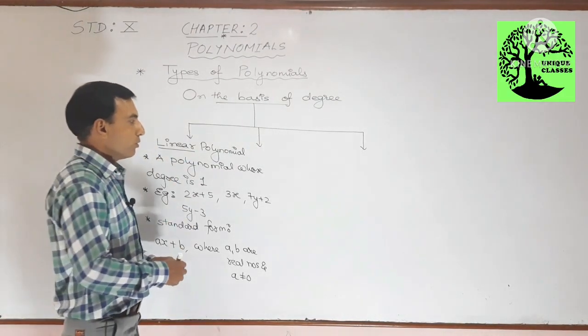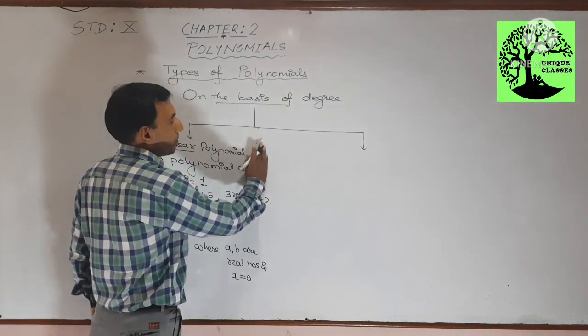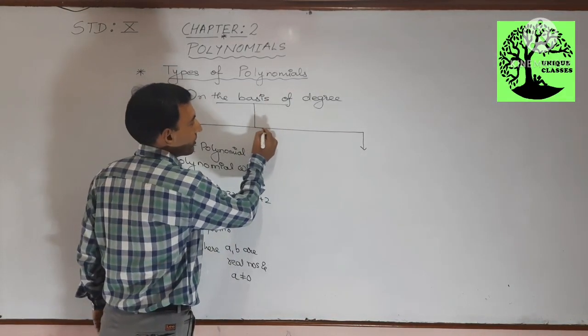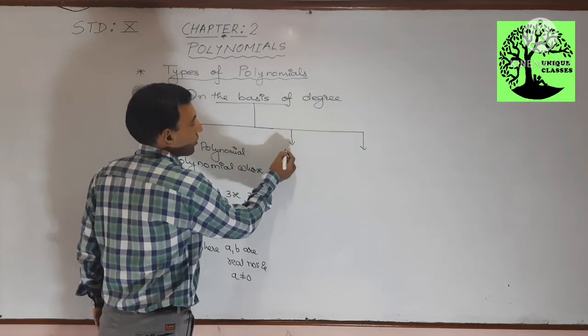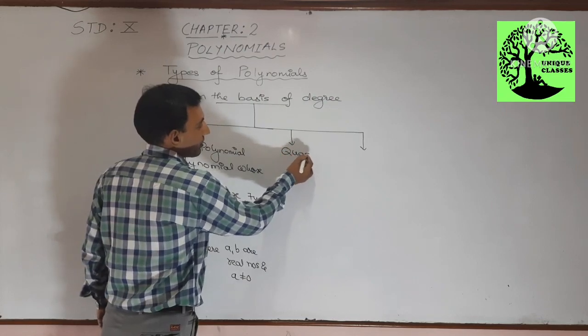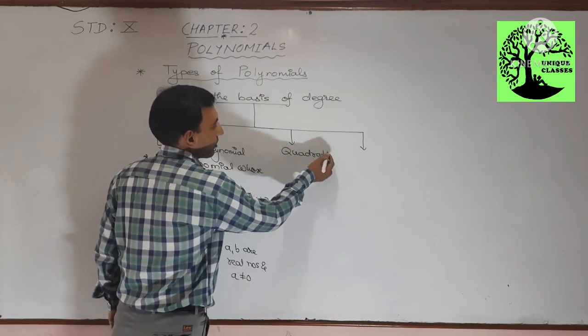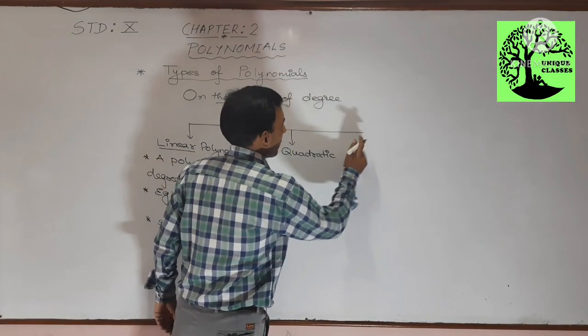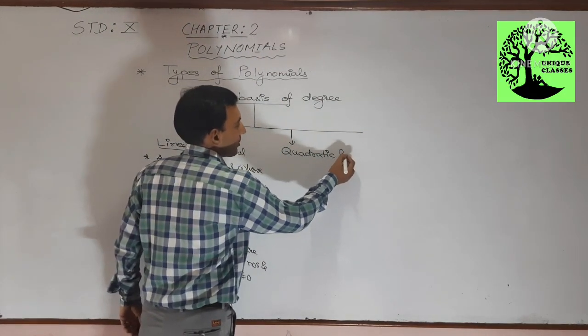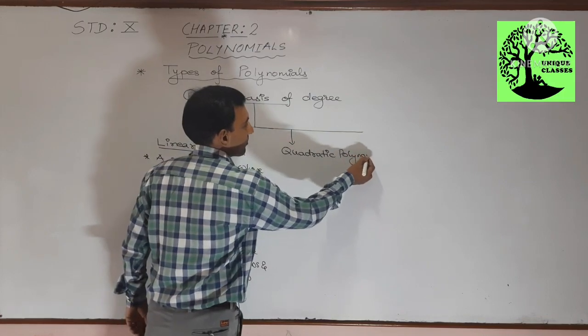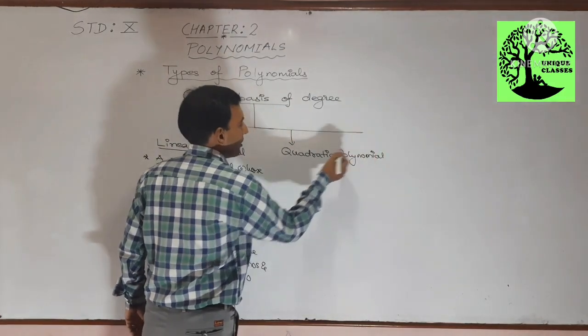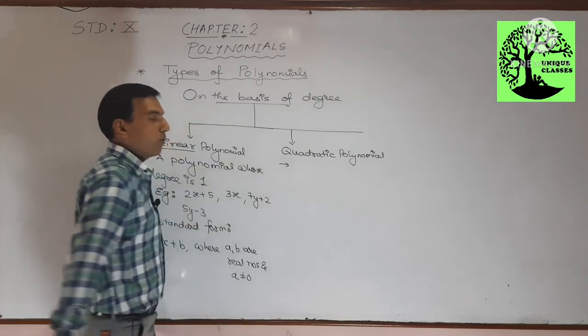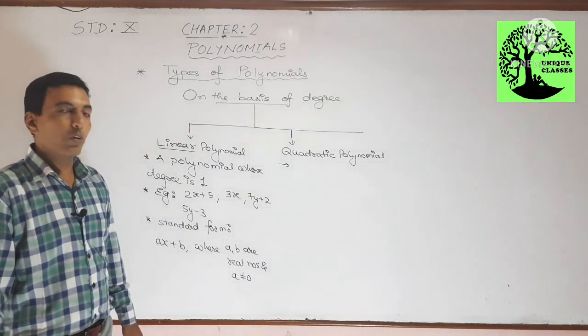Okay, let us come now to the second type of polynomial, that is the quadratic polynomial. Now, why is the name quadratic given to this polynomial?